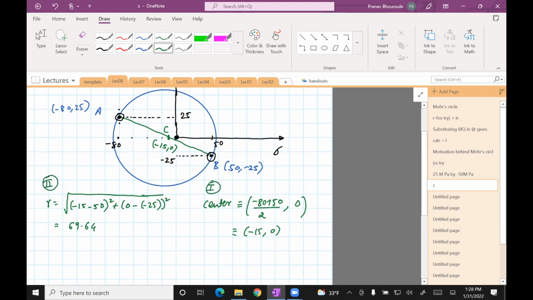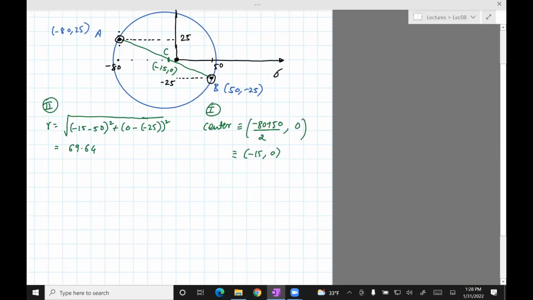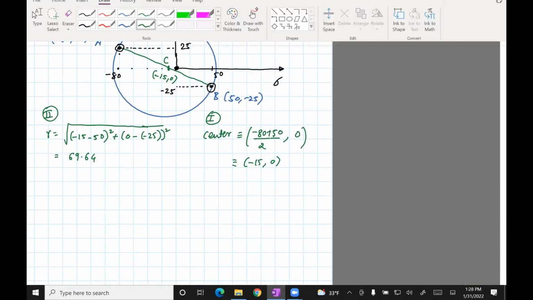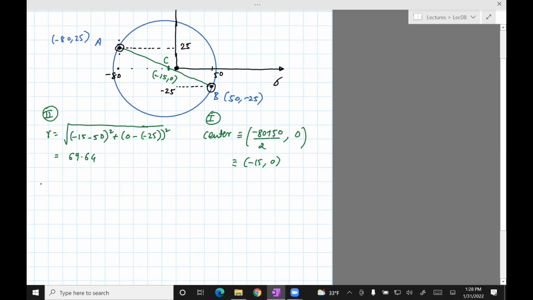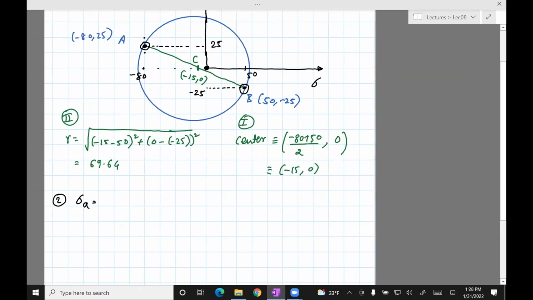Once you are done with this, you can then start solving for the other things, which are kind of easy based on this. If you want to find the maximum normal stress, let's call sigma A the maximum stress. It's simply this, sigma A, comma 0.